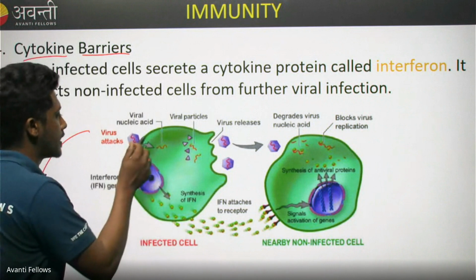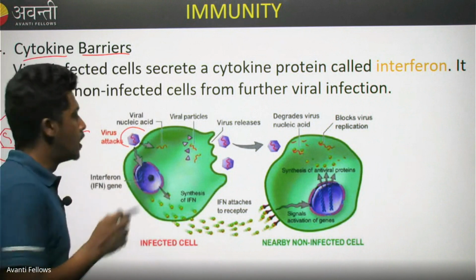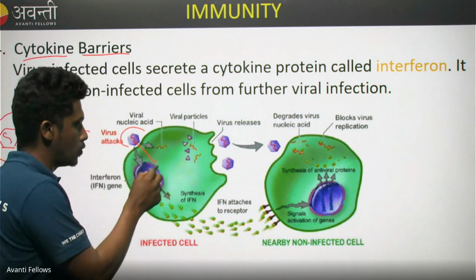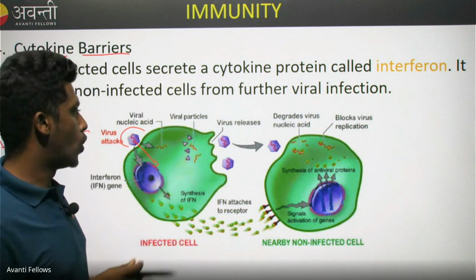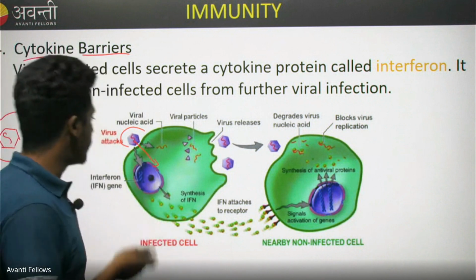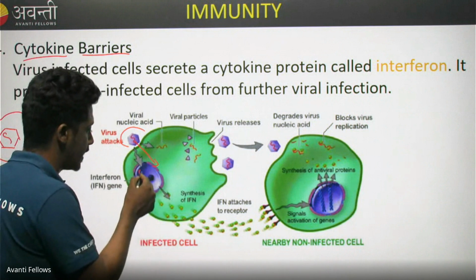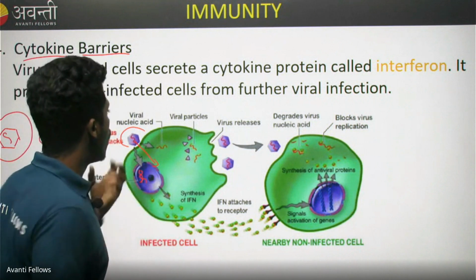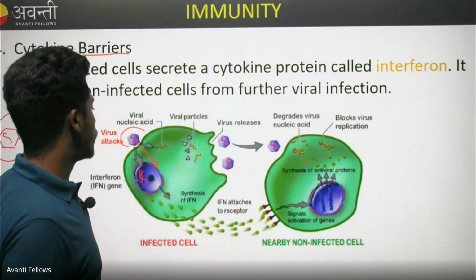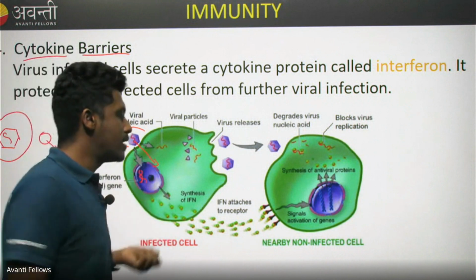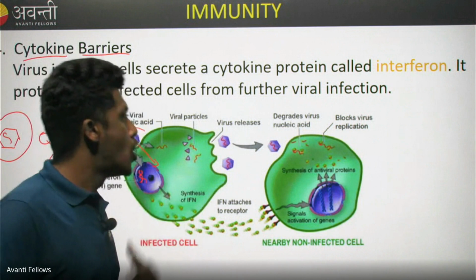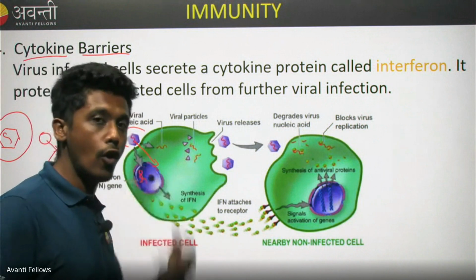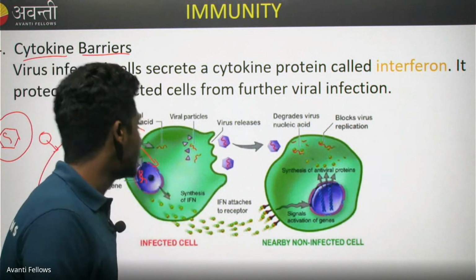Once it attaches to the external surface, the virus injects its contents into our cell. So now what will happen? The capsid opens and the viral DNA gets integrated within our DNA, therefore taking control of our whole cell. During this process, the virus wants to make more and more of its own viral proteins and viral RNAs.